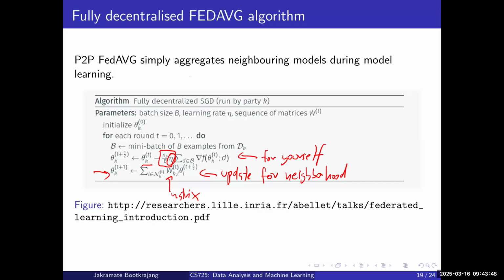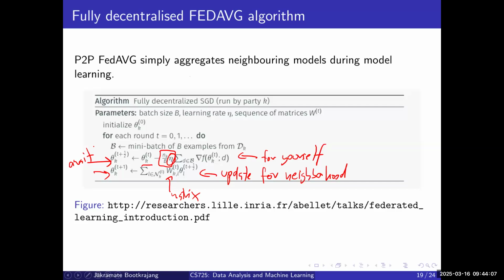So that is for peer-to-peer, right? So for peer-to-peer, you do the two at the same time. So in some setups, between these two lines, you might want to wait.